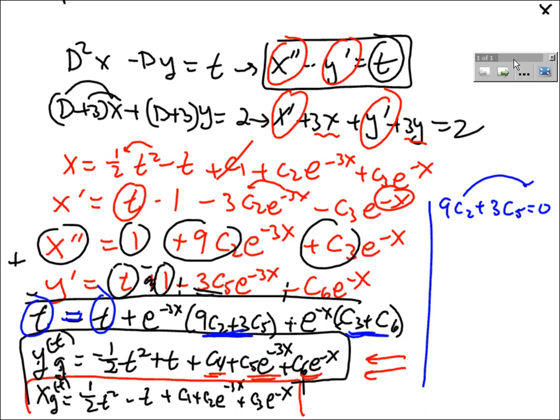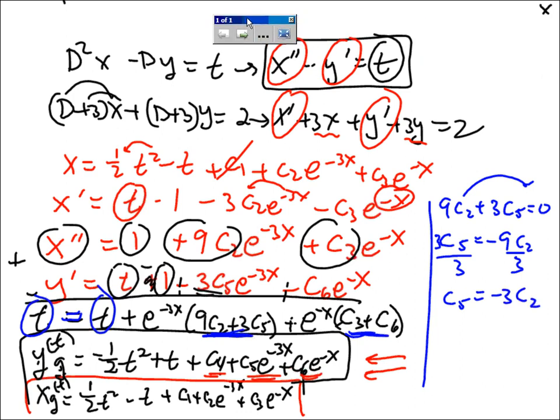Bringing that to the other side, we have 3c5 is negative 9c2. Dividing by 3, we have c5 is negative 3c2. And we also have that c3 plus c6 is 0. So c3 is negative c6.